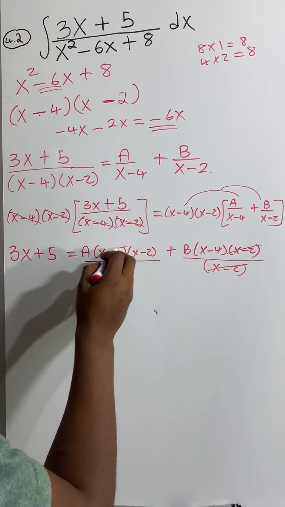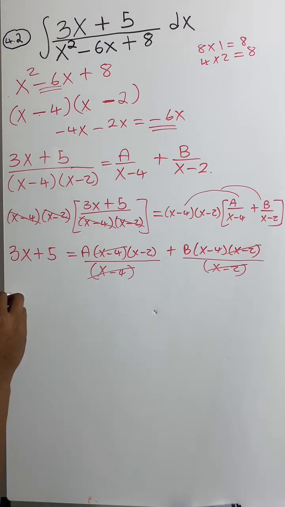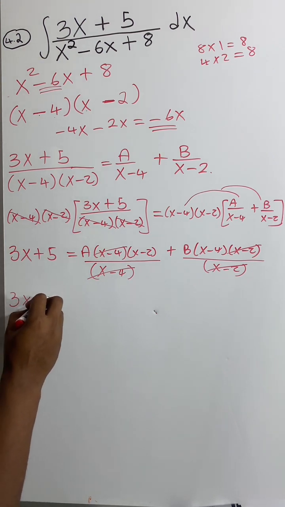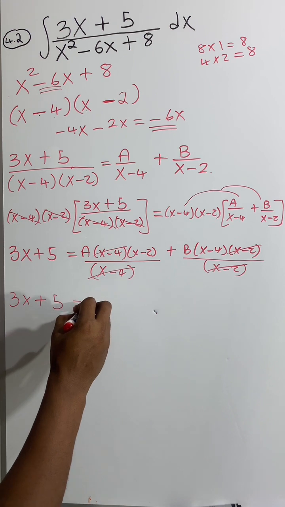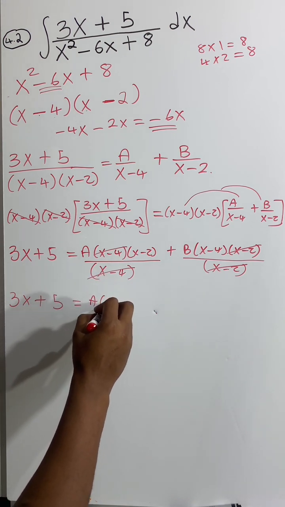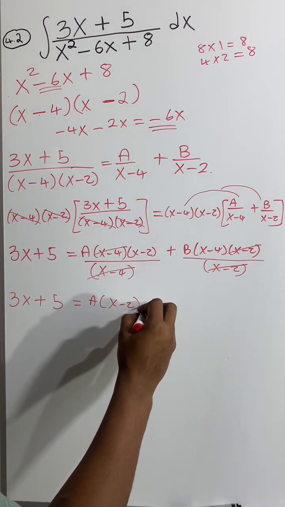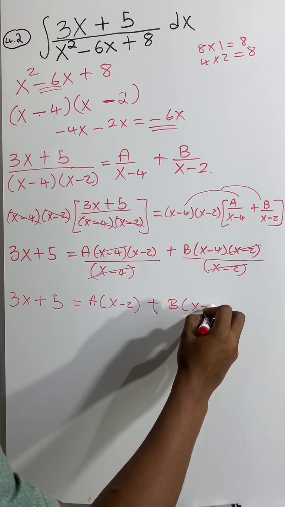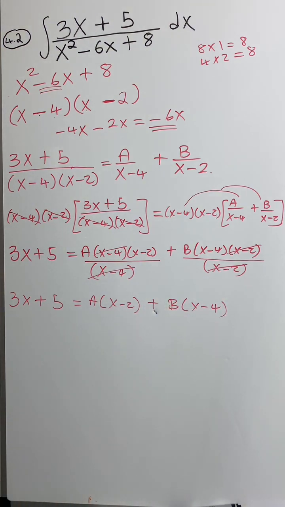X minus 4 will cancel out with that x minus 4. And we'll be left with a times (x minus 2) plus b times (x minus 4).